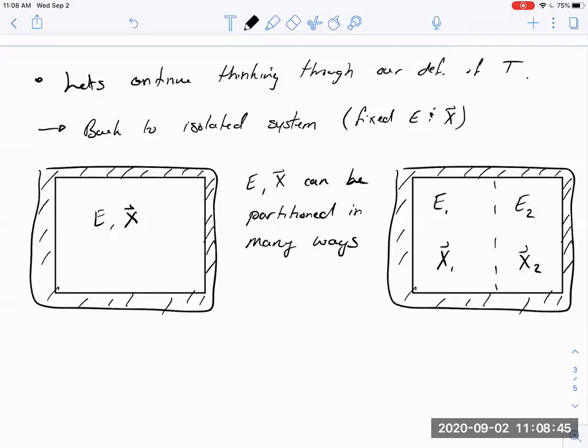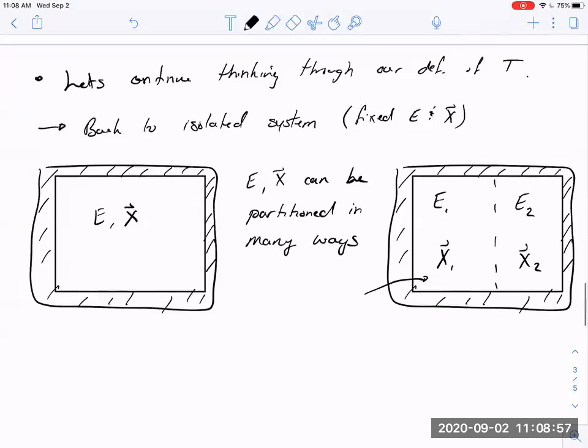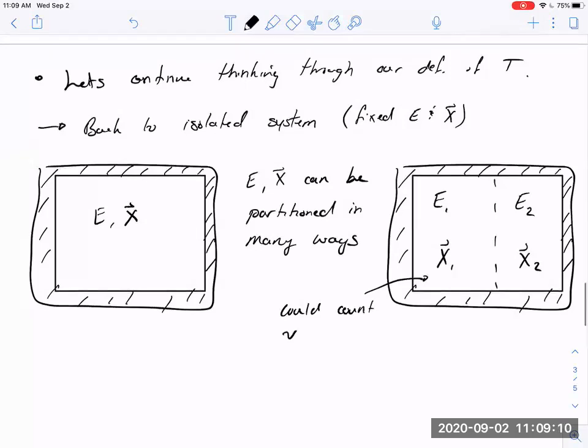establishing in the system. Now, if I have some energy and some mechanical variables in each one of those partitions, I could take in that information and I could count the number of microstates consistent with that fixed energy and mechanical variables. Might not be a very pleasant thing to do.